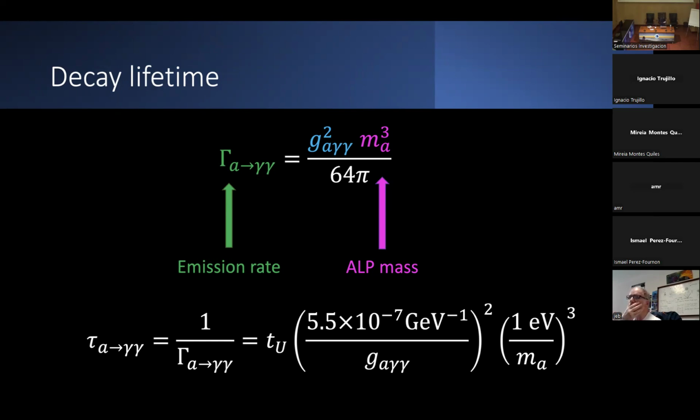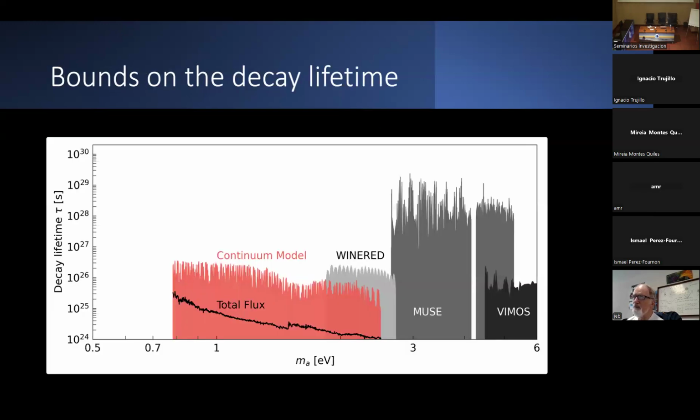You can always translate this coupling into a bound on the decay lifetime, and that means we can constrain decay lifetimes of the order of 10^27 seconds. Now notice that the CAST and the stellar cooling bounds are not here. It's not that I forgot. Those bounds rely on the Primakoff effect, which is typical of axions. So if you don't consider axions, those two just go away because they don't apply in general, while the others do.